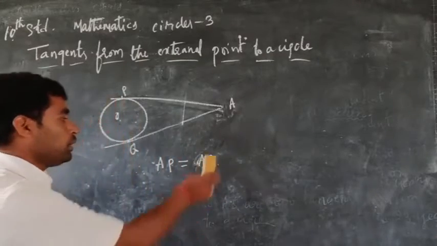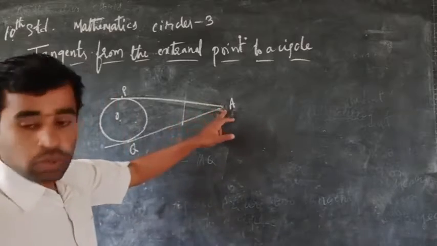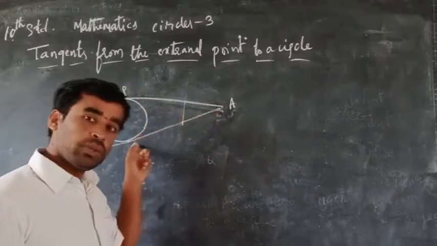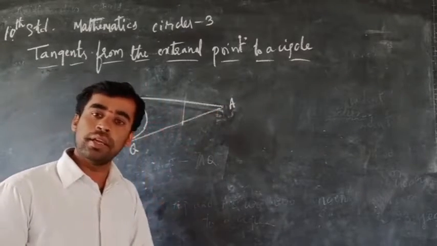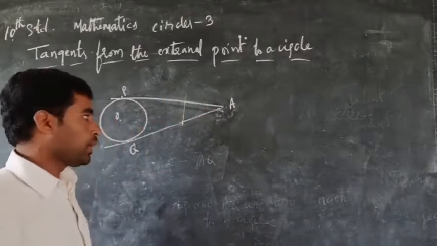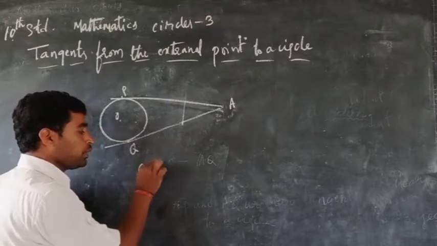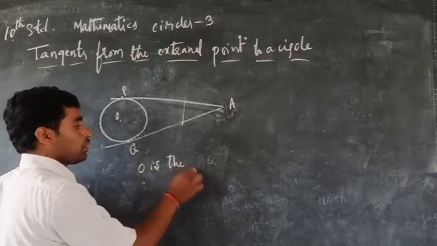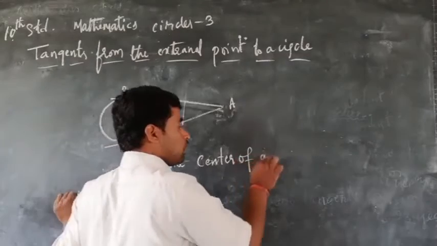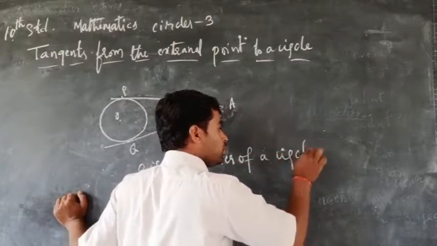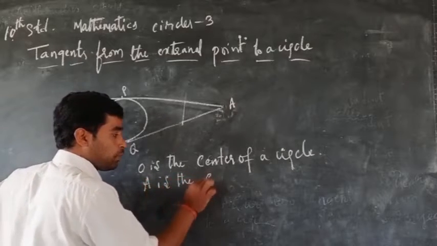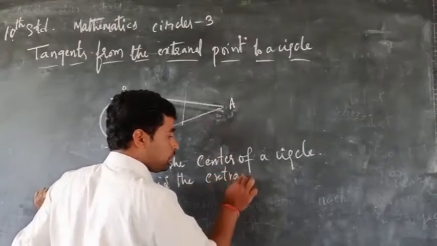If we want, we can draw a circle, take an external point, draw two tangents to the circle and measure them with the help of a scale. Then the lengths of the two tangents are equal. Here we can write O is the center of the circle, A is the external point of the circle.